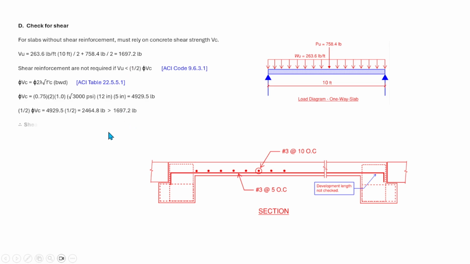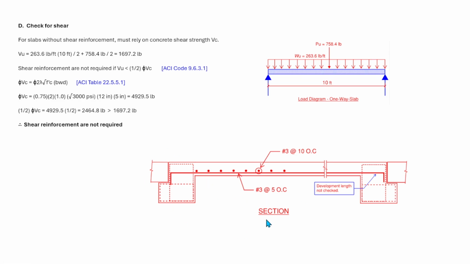So meaning the shear reinforcement are not required. So if just in case the value of half of phi Vc is less than the required shear, meaning you need to increase the slab thickness. You need to adjust the slab thickness.